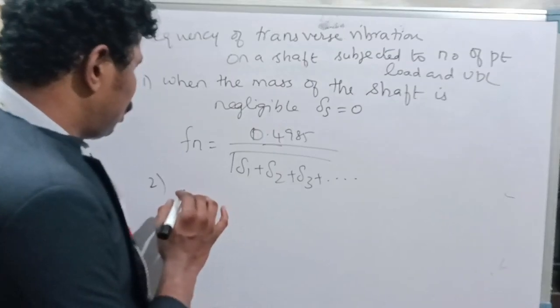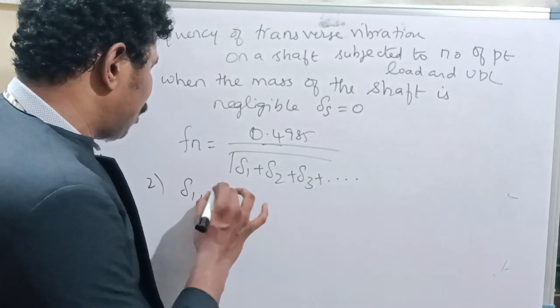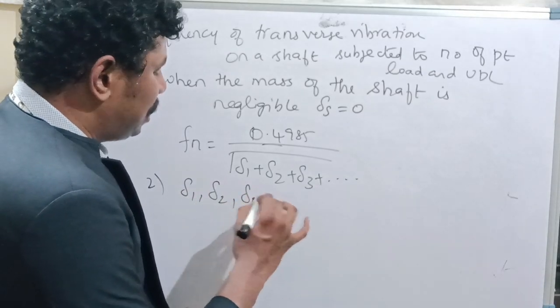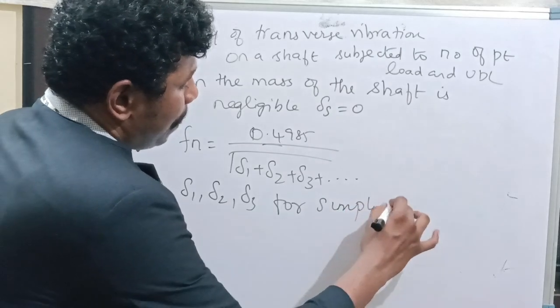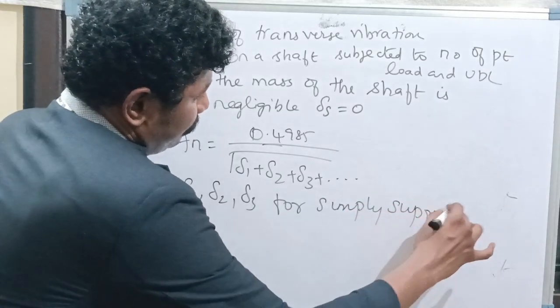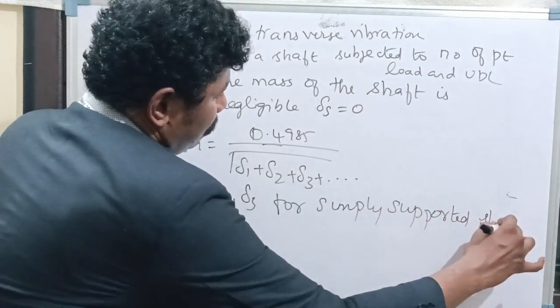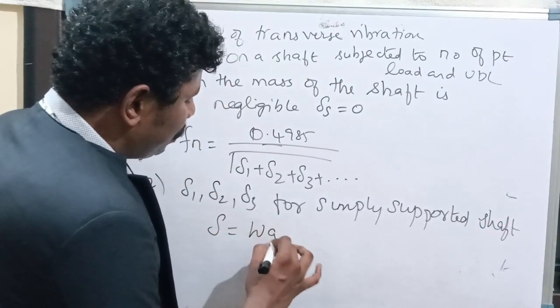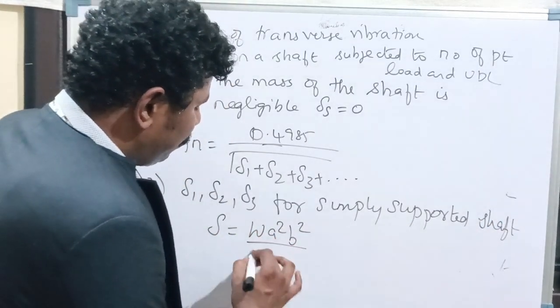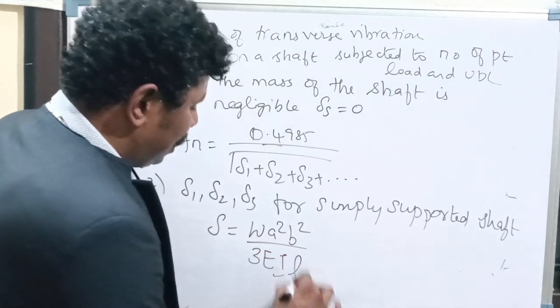And there is the formula for calculating delta 1, delta 2 and delta 3 for a simply supported shaft. So delta is equal to W a square b square divided by 3EIL.